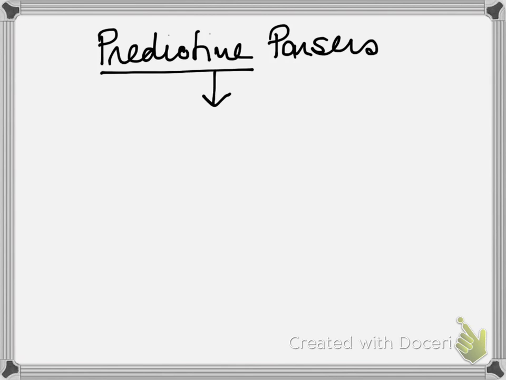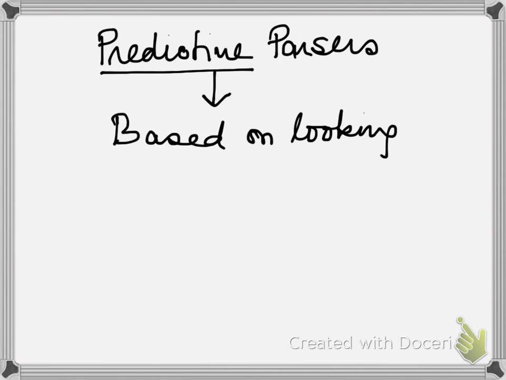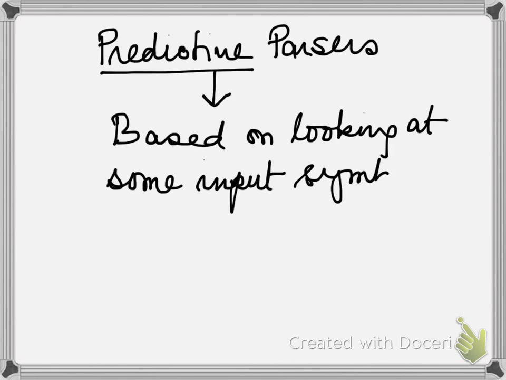This prediction is based on looking at some input symbols. You look at a few of the next input symbols in your input string, and based on what you see, you make the prediction.